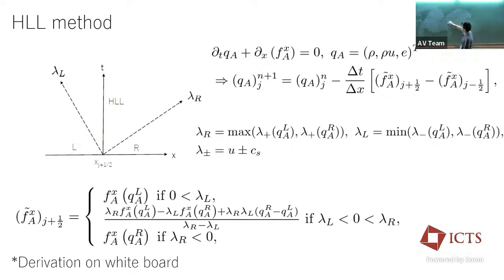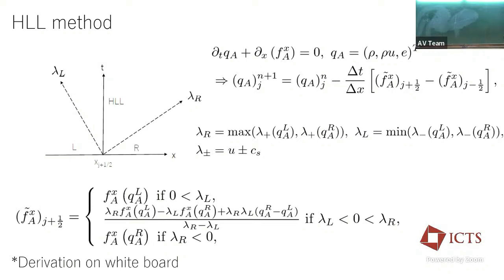We want a solution starting from this initial condition. With certain time, this state should be the left state, right? Then the solution is something like this. On the other hand, if lambda R is negative, the opposite side, the fan becomes something like this. So the solution should be the right state at the initial.